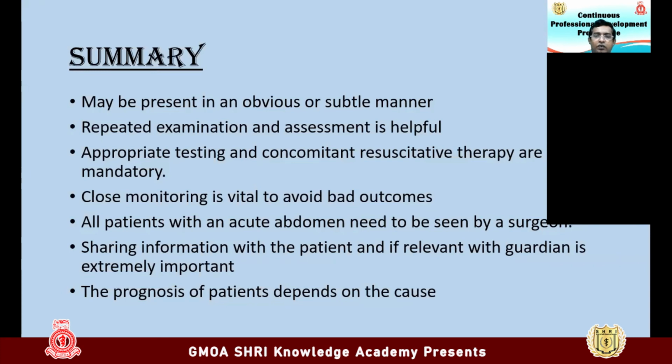So as we know, all patients with acute abdomen should be seen by a surgeon, because the surgical team has more experience in attending to and sorting out acute abdominal pains than other medical teams. Another most important thing is sharing the information we gather with the patient, if he is in a state where he can understand what we say, or with the guardian, to plan further management.